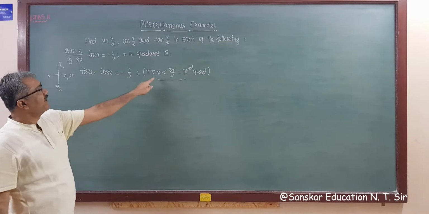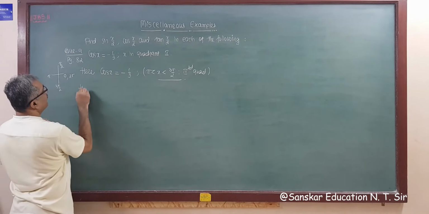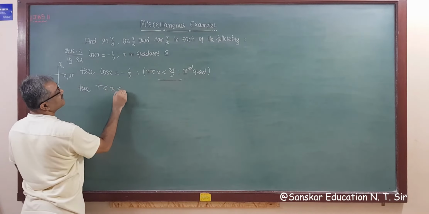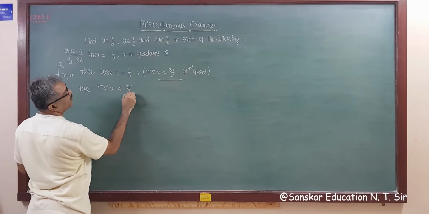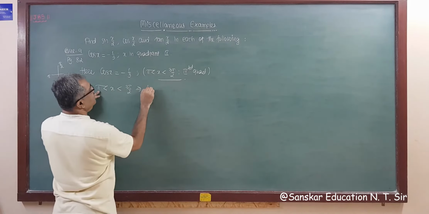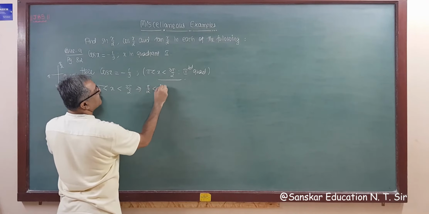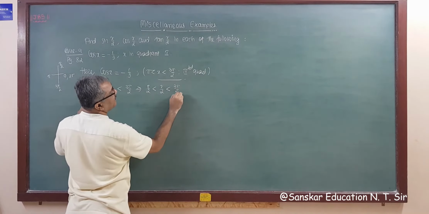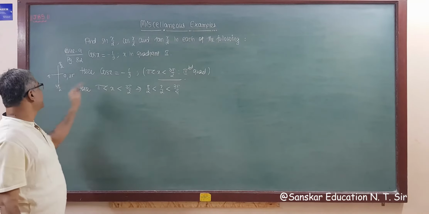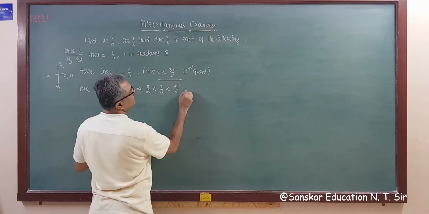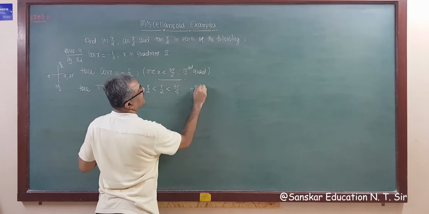So dividing by 2, pi is less than x is less than 3 pi by 2 implies, if we divide by 2, pi by 2 is less than x by 2 is less than 3 pi by 4. So pi by 2 less than x by 2 less than 3 pi by 4 means second quadrant. So this now lies in the second quadrant.